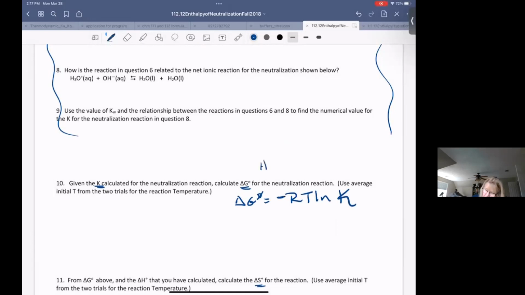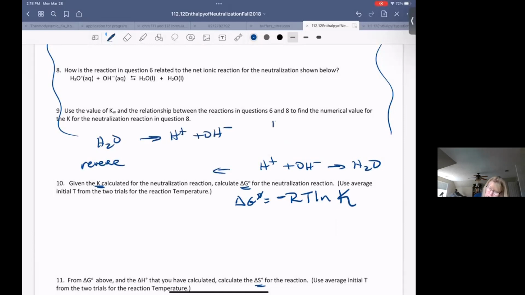If we think about the reaction of H plus and OH minus going into H2O, which is our reaction here, we've seen something like this before. What we have seen before is not this, we have seen the reverse of this. The reverse of this is H2O dissociating into H plus and OH minus.